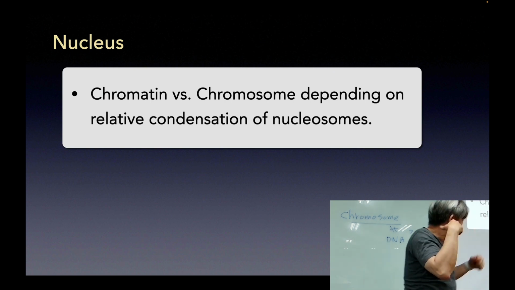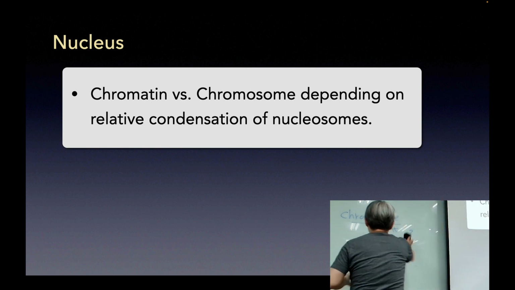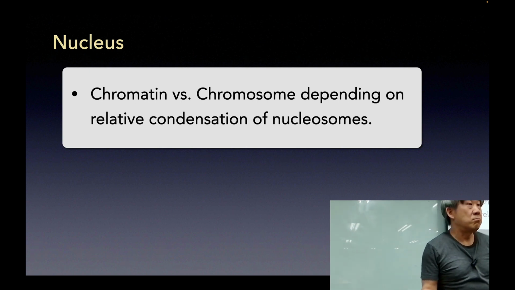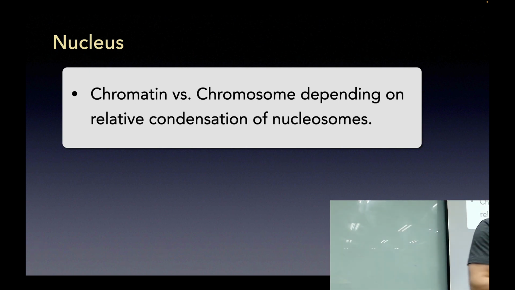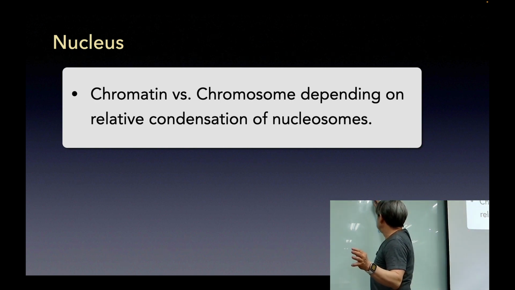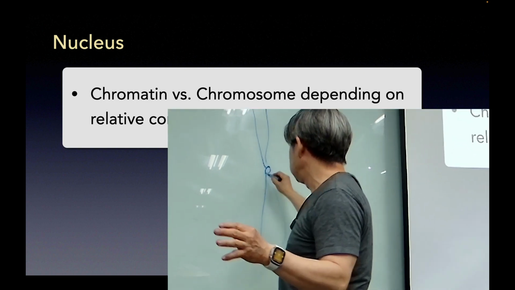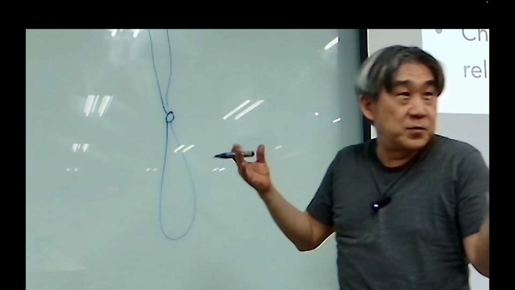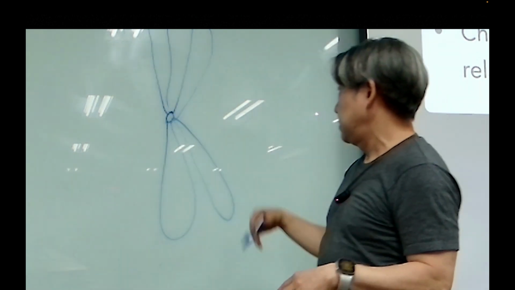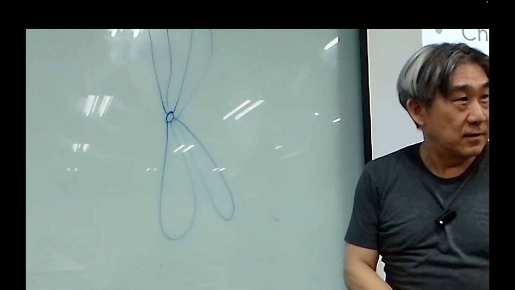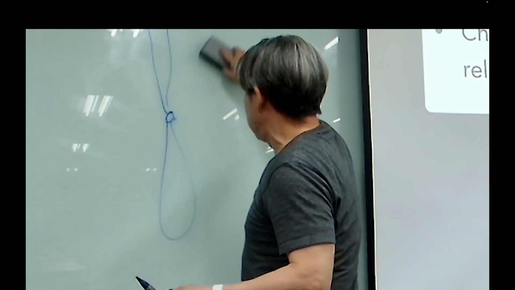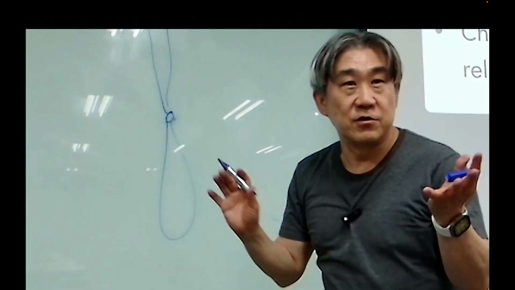But if I ask you to draw a typical chromosome structure, then probably it would be like this. Either this or that. I will draw this version for now.